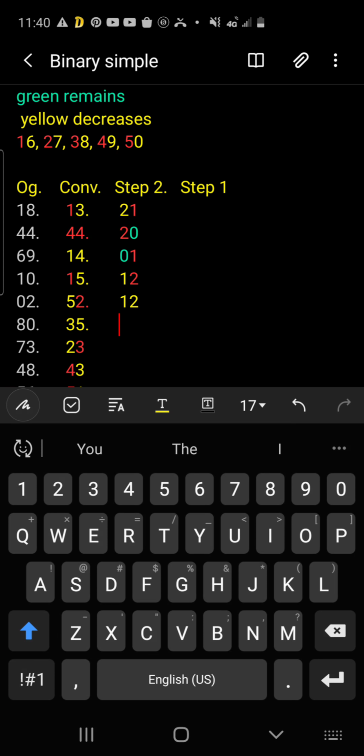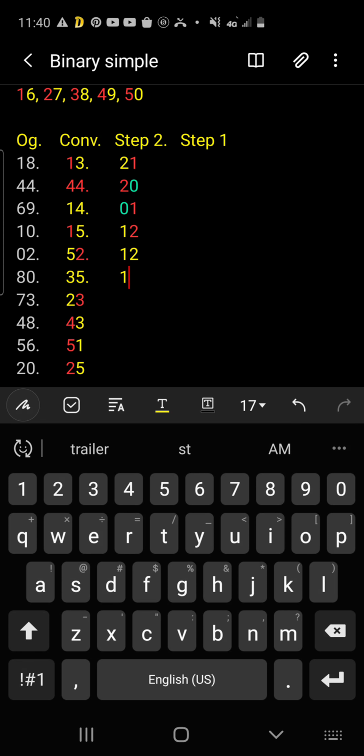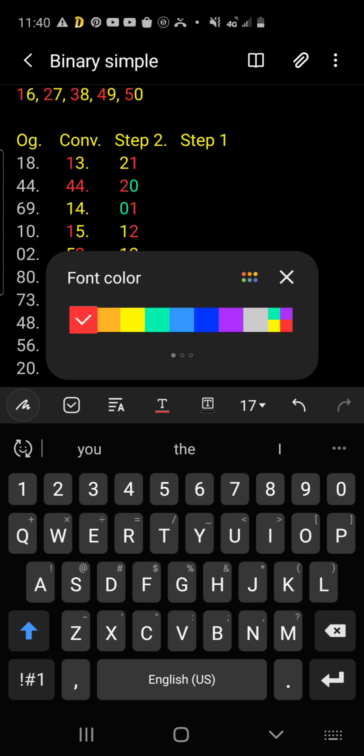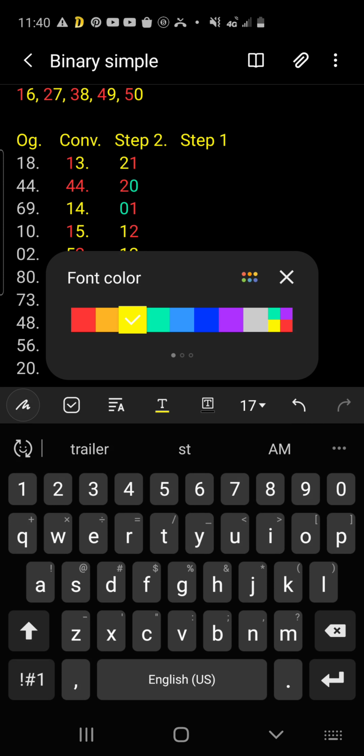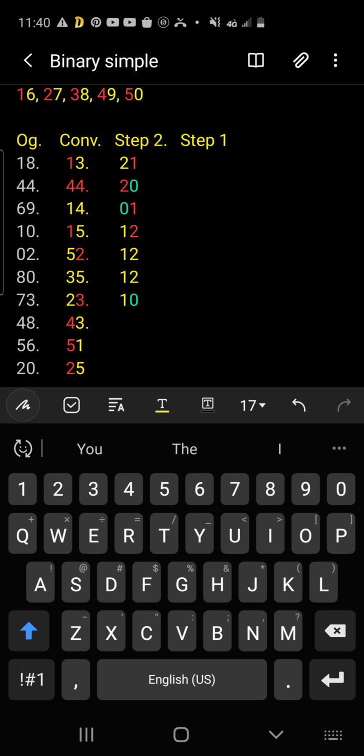Then you have 3 to 2. That's going to be a yellow 1. 5 to the 3 is going to be a yellow 2. Then you have 3 to the 2 is a yellow 1. And 3 to the 3 is a green 0. 2 to the 4 is a 2.